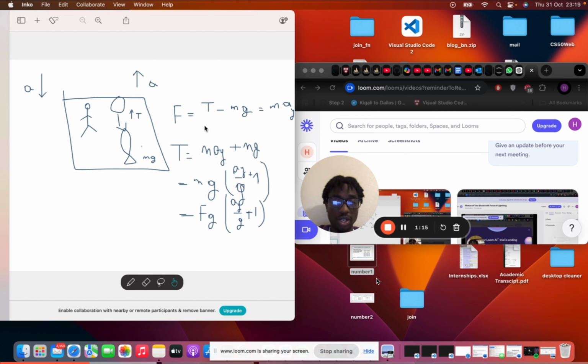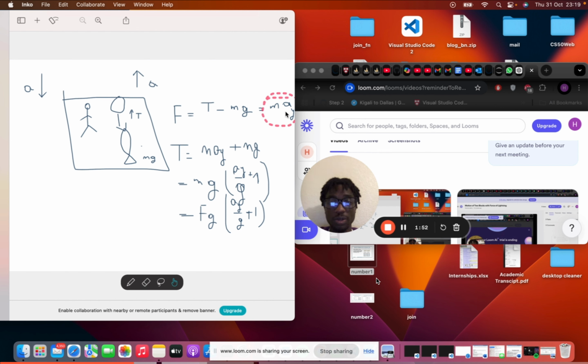According to Newton's second law, and the third law, for every action there is an equal reacting force. Let's say the fish is at rest. If there is no acceleration, the forces acting on the fish are mg, downwards, the gravitational force, and the tension of the spring. The net force is equal to mass times acceleration.